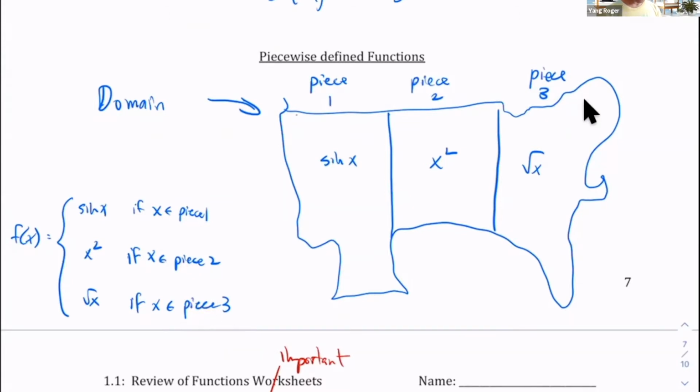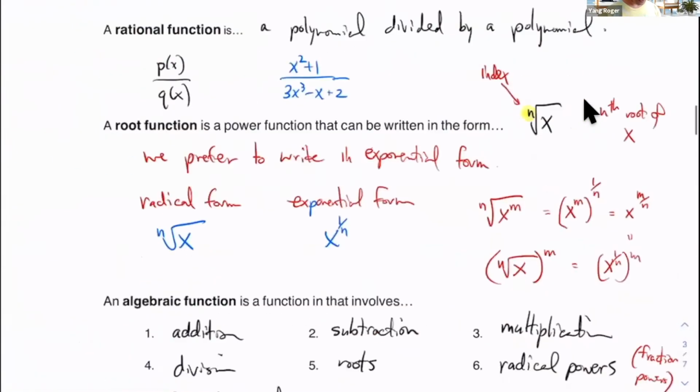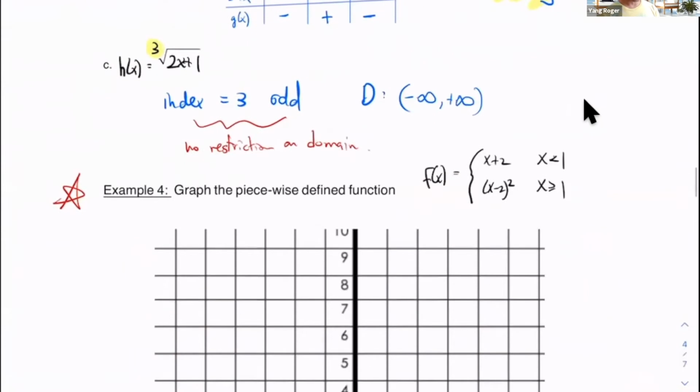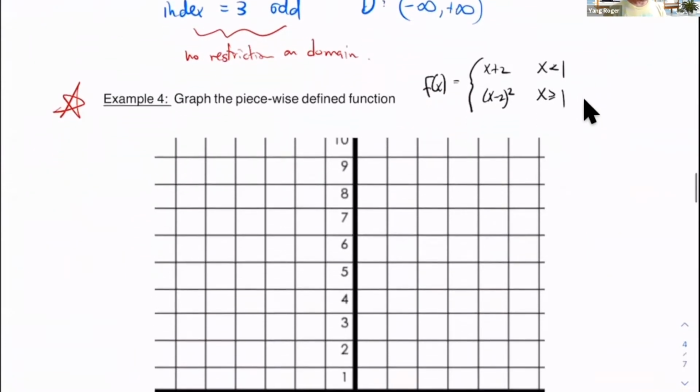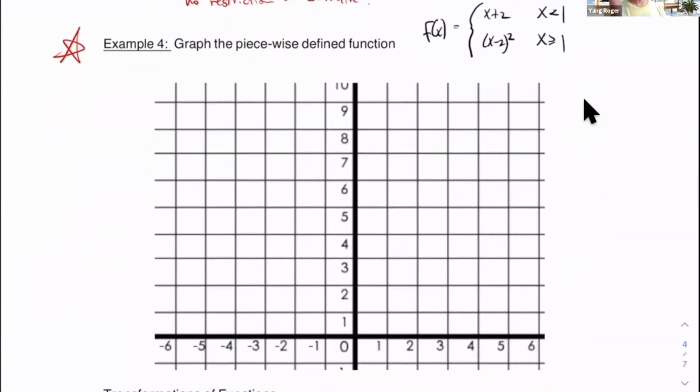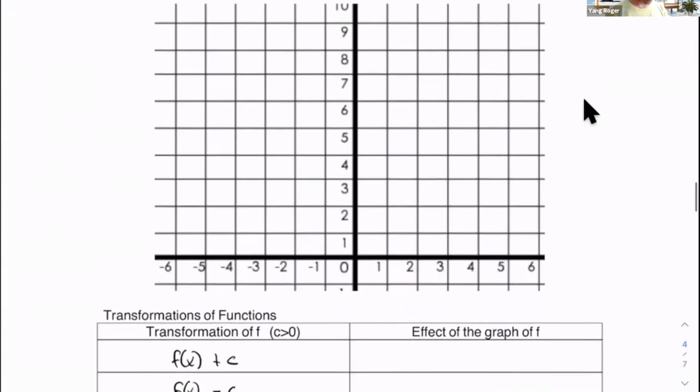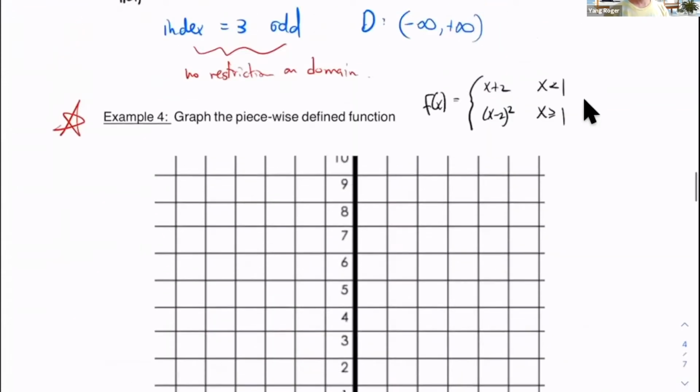So if we go to our worksheet over here and we look at our piecewise defined function, there's two pieces. We kind of chopped it up into two different regions. Oh man, you know what?